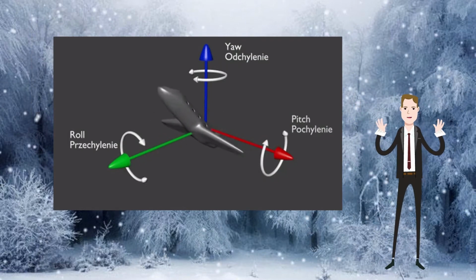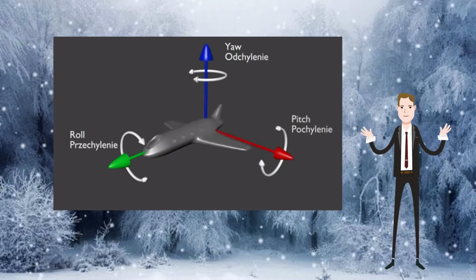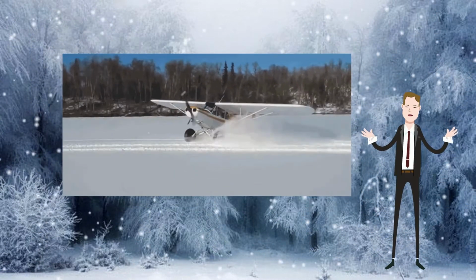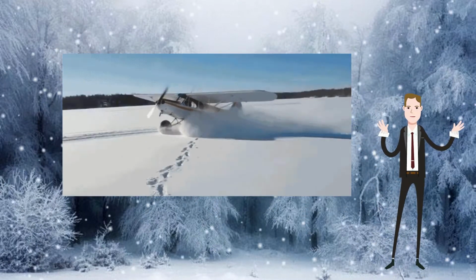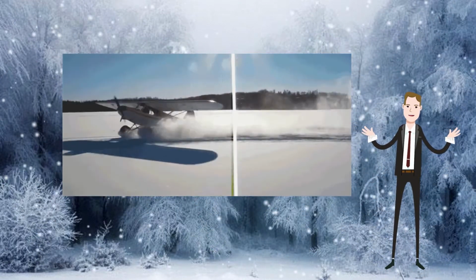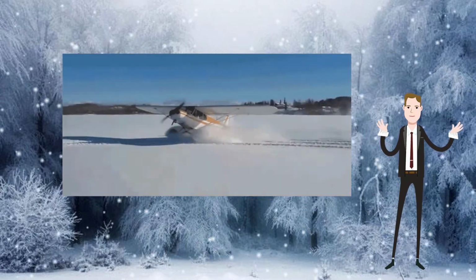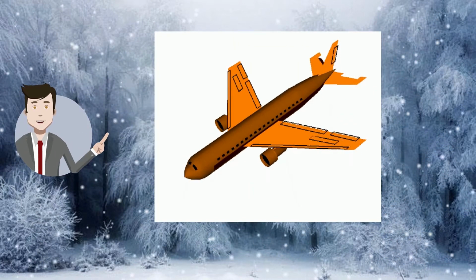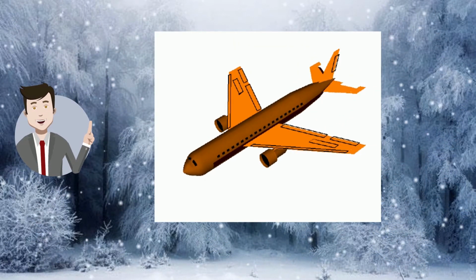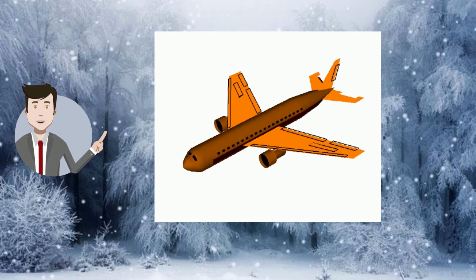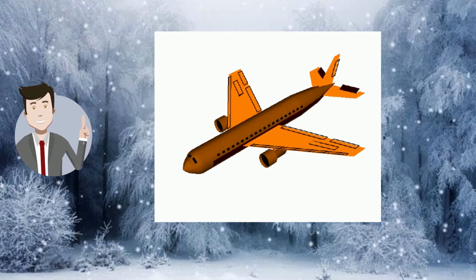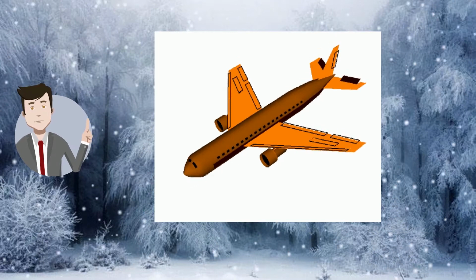Once the aircraft control surfaces have been frozen, the pilot cannot control the aircraft, which may cause a serious accident. Aircraft control surfaces are the vertical stabilizer, flaps, ailerons, and horizontal stabilizer as well.